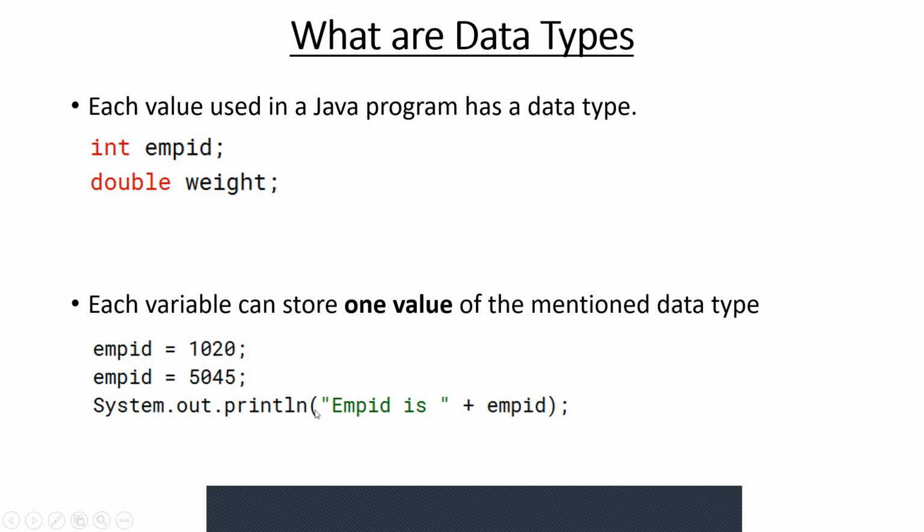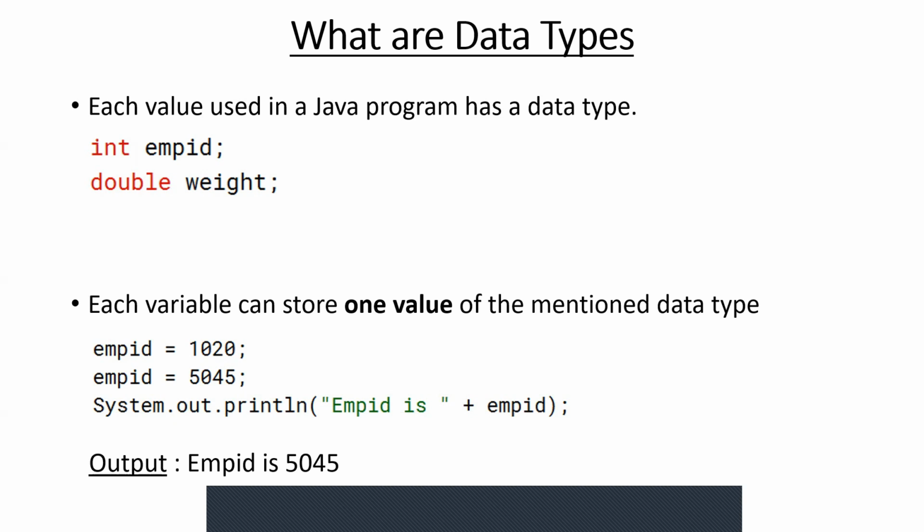Now, when I print the value present in the variable empid, what would I get? Would I get both of them, 1020 and 5045? No. As we said, primitive data types can store only one value of the mentioned data type. So in this case, the output will be 5045, the value which is later stored in that particular variable.